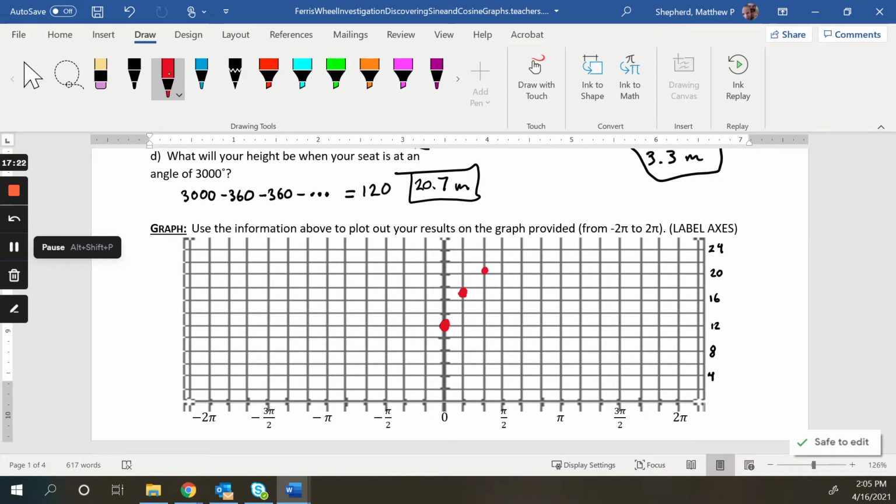And then at pi halves, we were up at 22. And then we started coming back down to the same numbers, 20.7, 17, 12. I hope you notice, once you get a few numbers and you know the spacing in between each of them, it makes it kind of easy to draw.